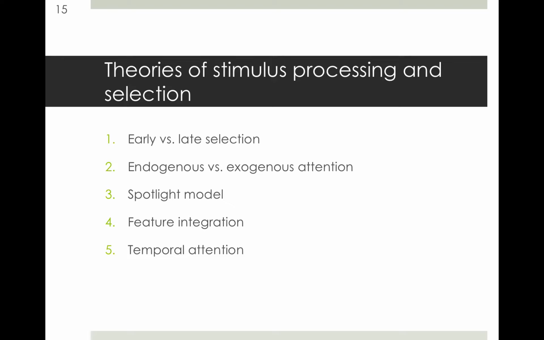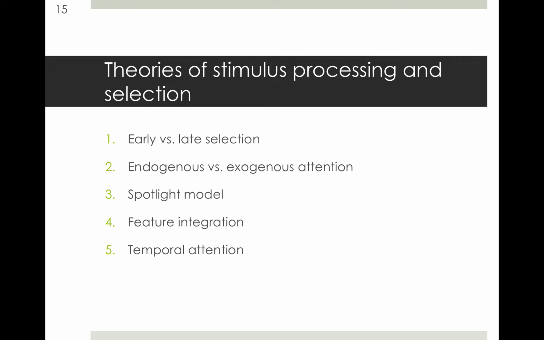Then there's the idea of feature integration. This was really influential from Professor Anne Treisman, who actually passed away earlier this year. That's the idea that in vision, you use attention to combine different features in space, among the stimuli that you're looking at.